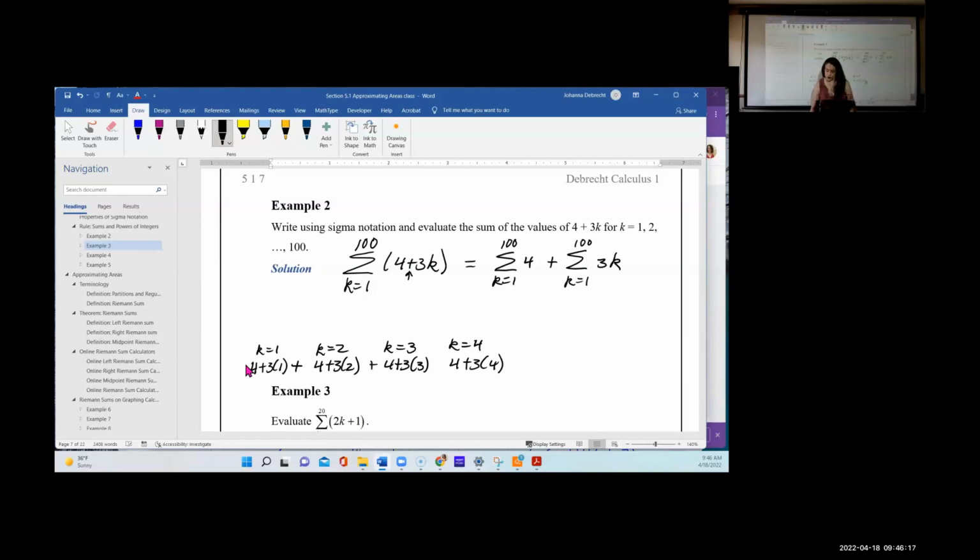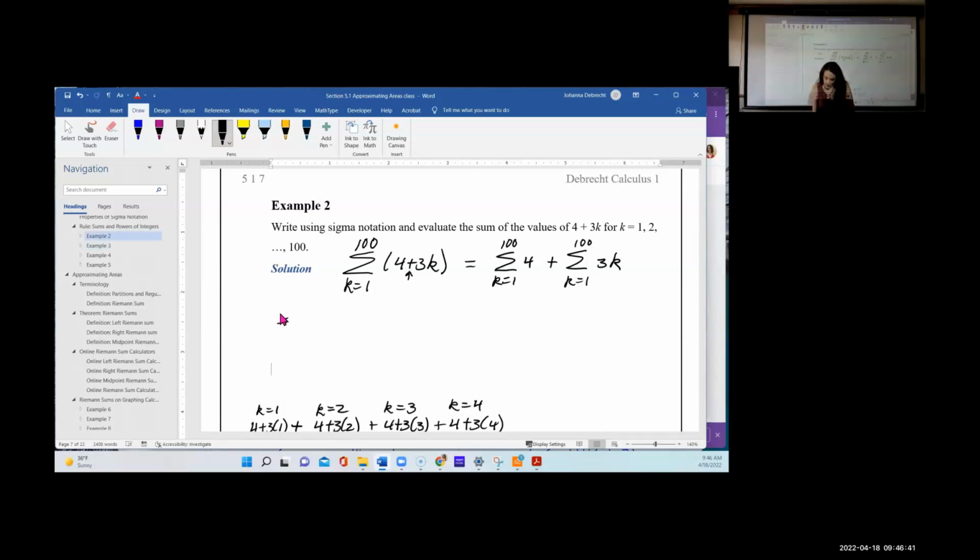Does everybody see how the summation works now? I think you're getting a little confused on what would be done. If you started at this one, this is what you would have written up. Now, if you split it up, notice that the 3 is a constant being multiplied by k, so we can take that part out.